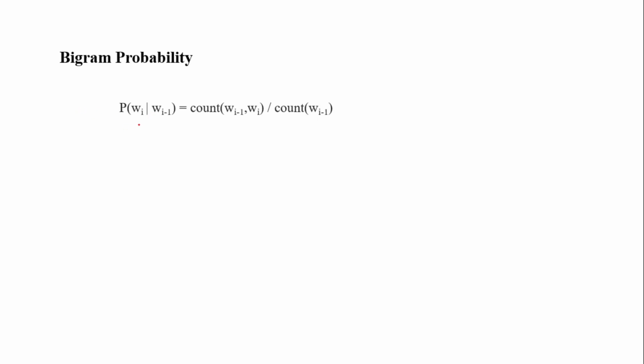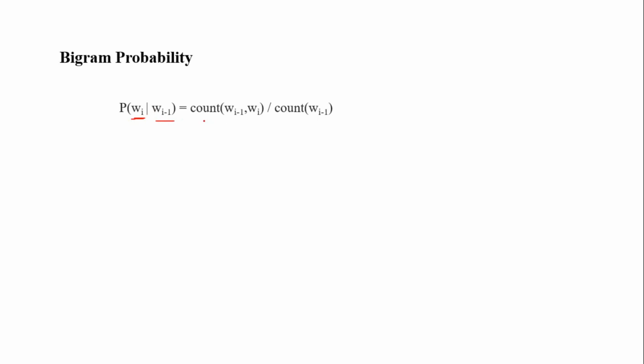If you see this equation here, I want to predict Wi. So the probability of Wi depends on the previous word Wi minus 1. This is nothing but probability of Wi given Wi minus 1.